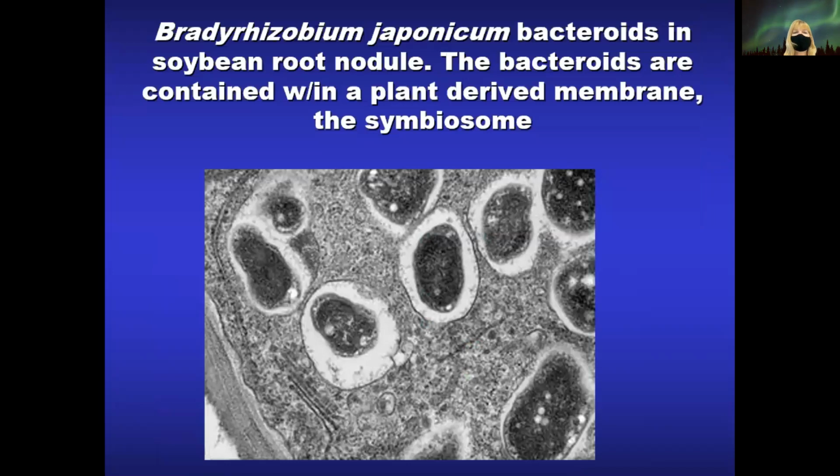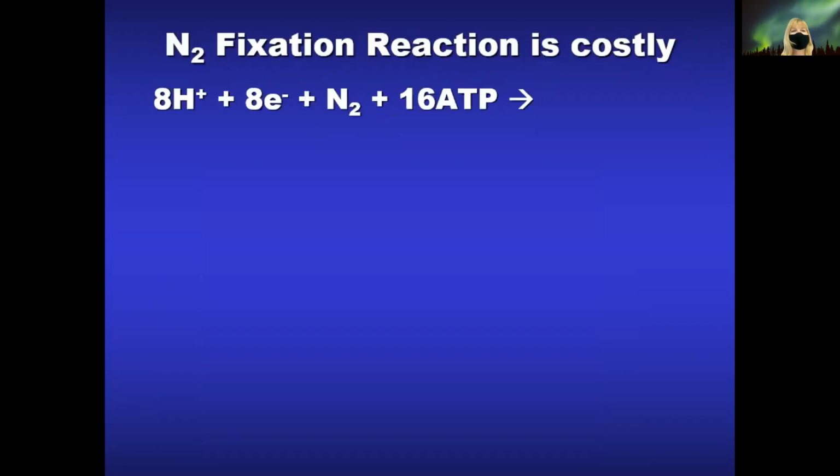Okay, so they invaded, they got into the parenchyma cells, they've set up camp, the vascular connections are good to go. Then they're going to start fixing nitrogen. So the bacteria are the ones that are going to take dinitrogen, N2, and using that very special nitrogenase enzyme, cleave the triple bond, and then you get ammonia. Well, that's not free. It's costly.